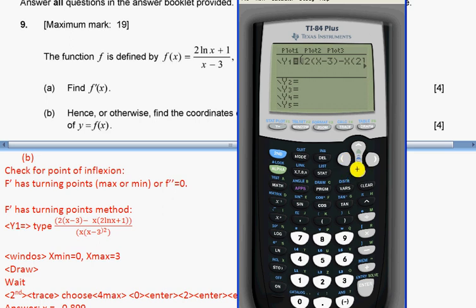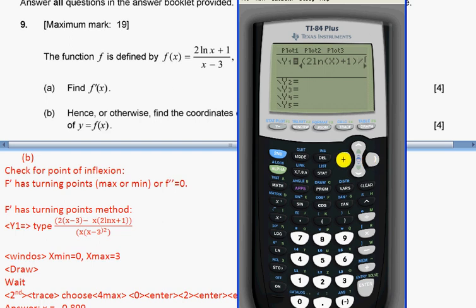Minus x times bracket 2 logarithm x plus 1 bracket closed. Should be closed 2 times. Let's close it 2 times. Right.